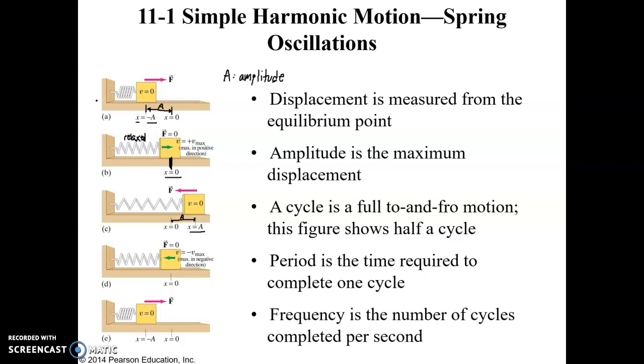This full series of diagrams, A through E, represents one full cycle. The amount of time required to make that cycle is a period, just like when we were talking about circular motion. And the frequency is how many times the cycle repeats itself per second.